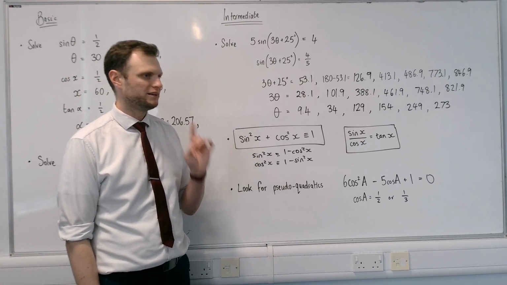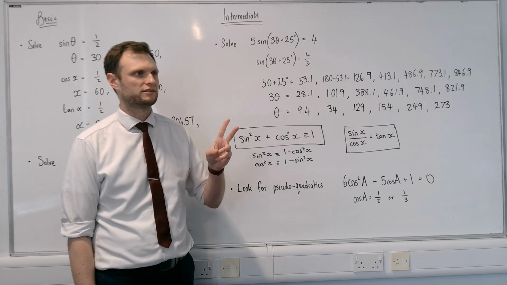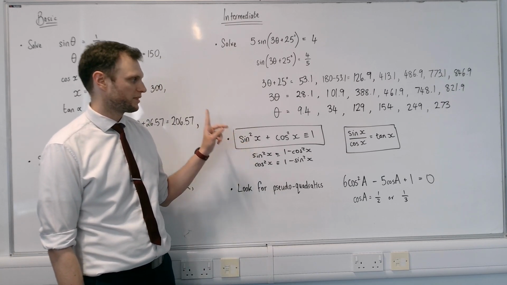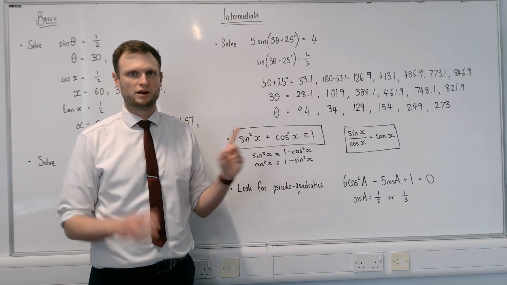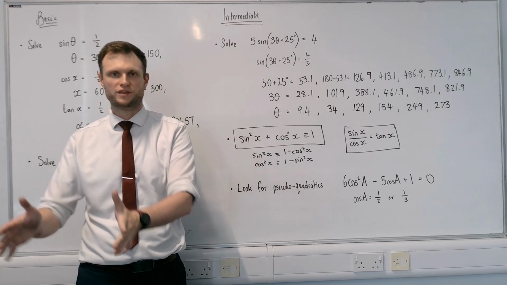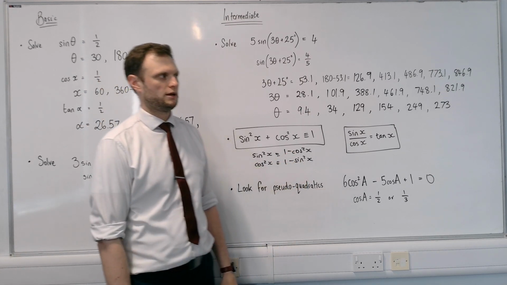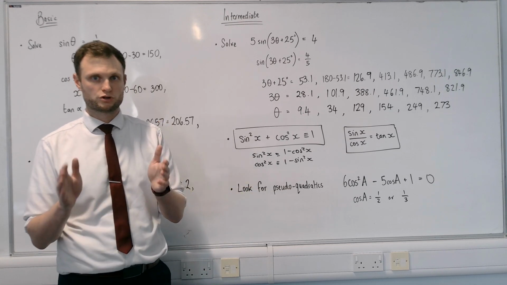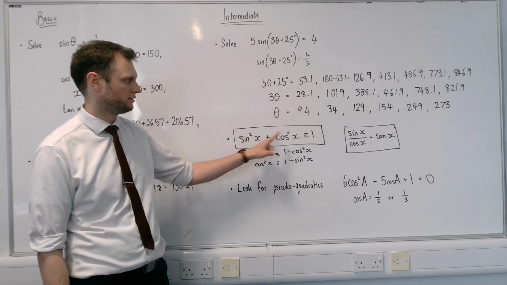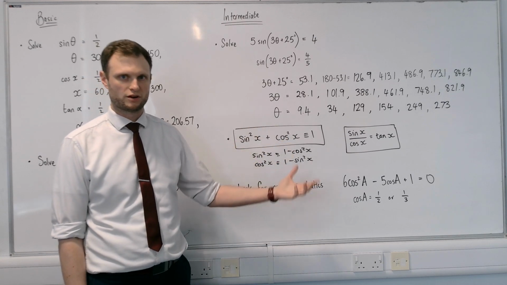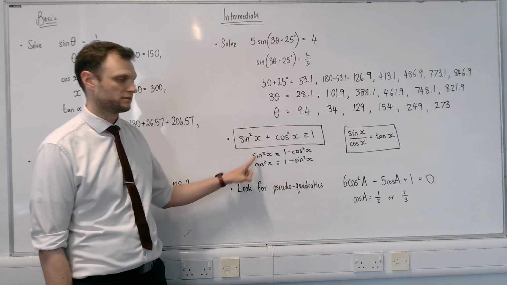But there's two bits of advice. Firstly, if you're trying to do one of those identity questions where it says prove this trig thing is this other trig thing, if the thing you're trying to prove contains squares, either cos squared, sine squared, use these.